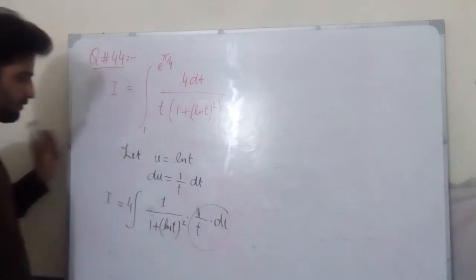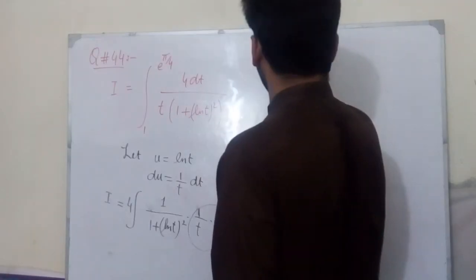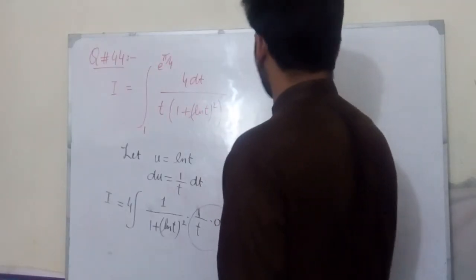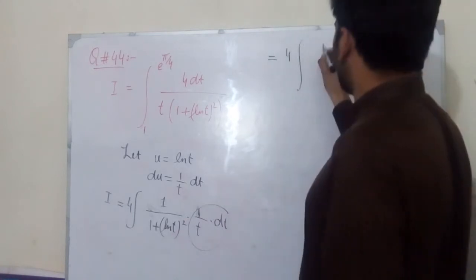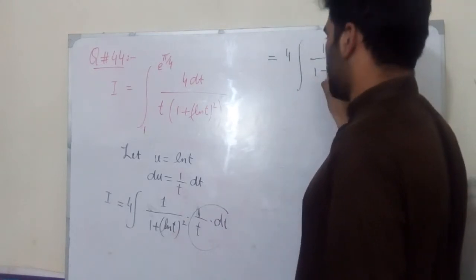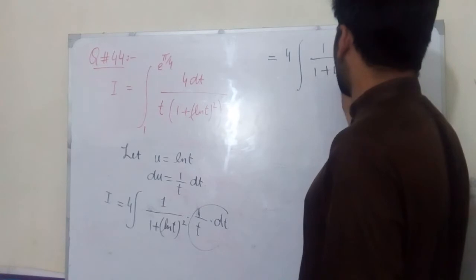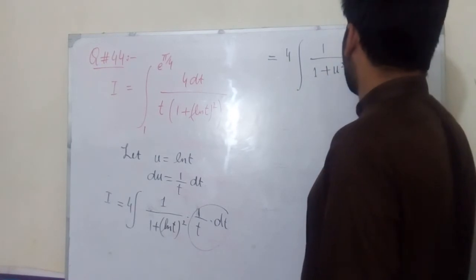So this will be equal to 4 integral 1 over 1 plus u square du.